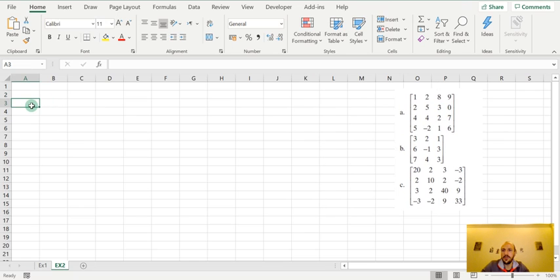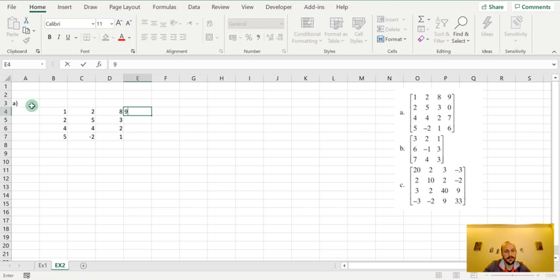So first 1A, calculate the inverse of the first one, which is 1 2 4 5, and then we have 2 5 4 minus 2, 8 3 2 1, and finally 9 0 7 and 6.